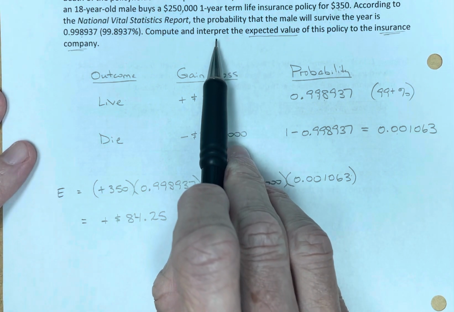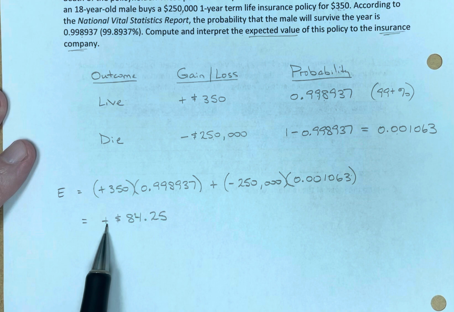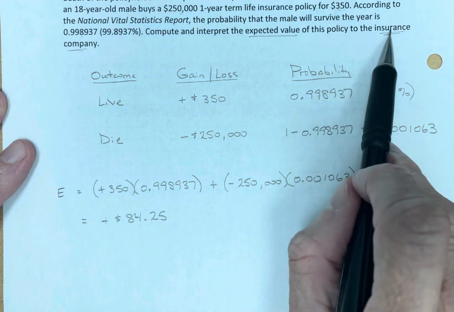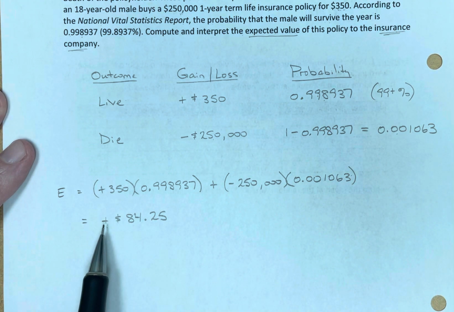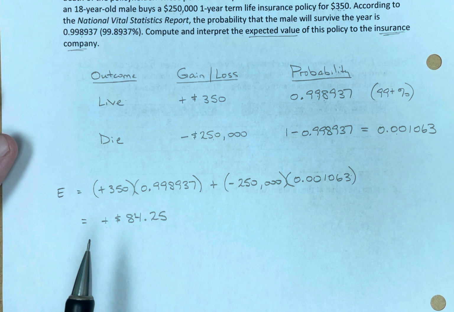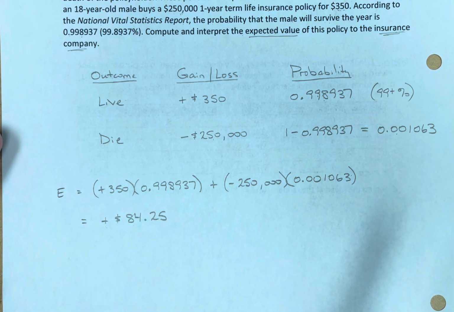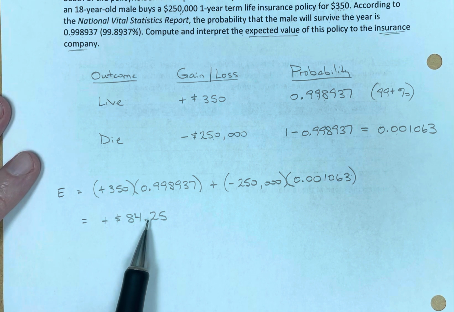In the long run, the insurance company is going to be making money. That's the positive. We're looking at this from the insurance company's perspective. For every single student who buys this policy, the insurance company will be making $84.25 in the long run. Every policy will be worth to them $84.25.